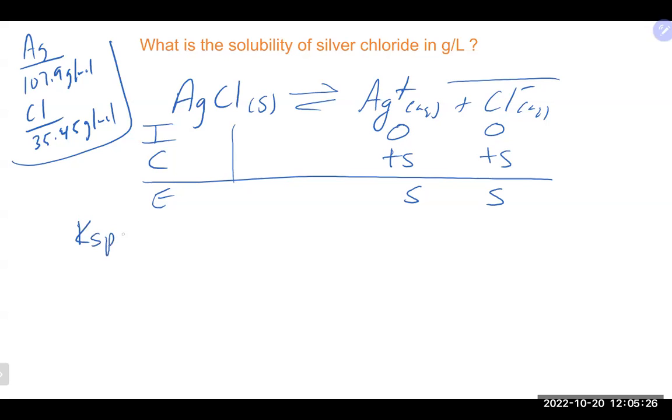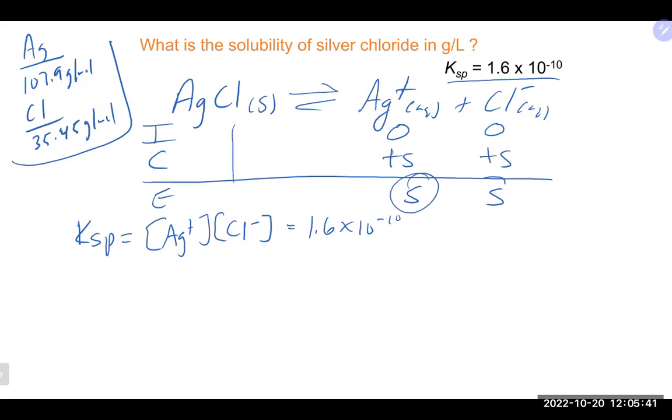The KSP expression in this case would be our products, which is the silver concentration times the chloride concentration. And that would equal our KSP, 1.6 times 10 to the minus 10. Just like a normal ICE table, we will then take our equilibrium line and put it into our expression. That will get us S squared is equal to 1.6 times 10 to the minus 10.